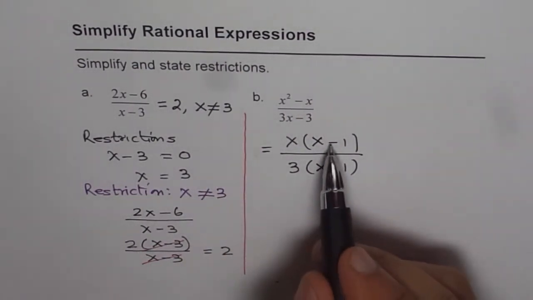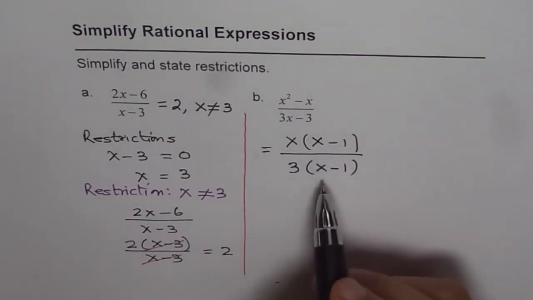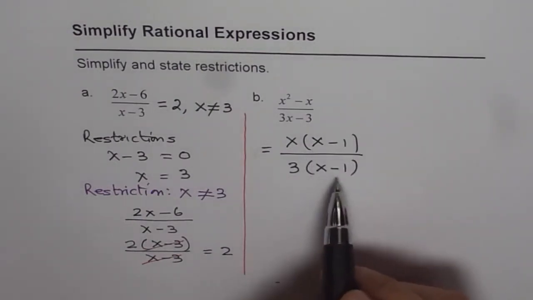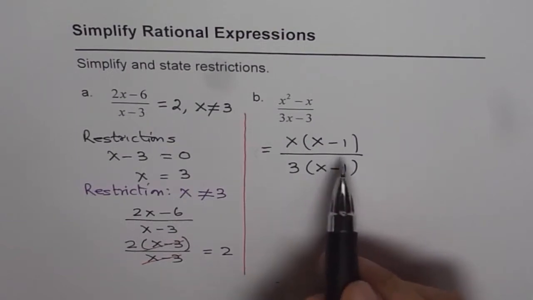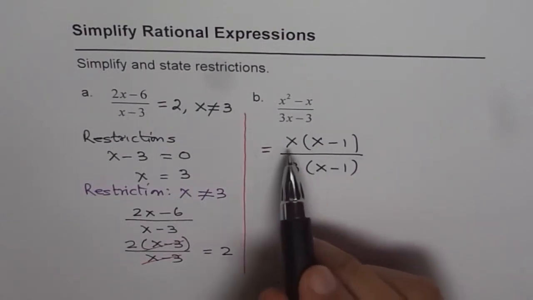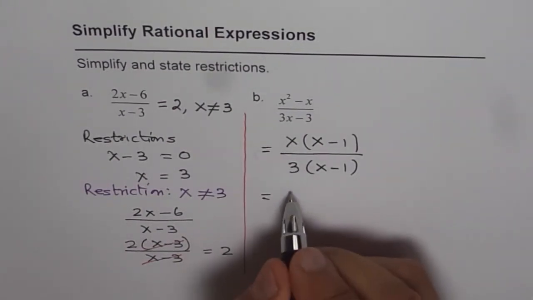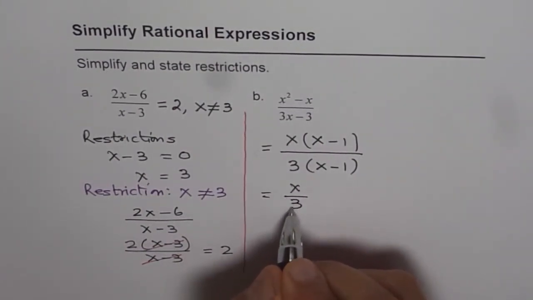And now since we have a common factor in both numerator and denominator, it can be cancelled out. Cancelled out really means that if I divide x minus 1 by x minus 1, I get 1, and 1 times anything is that thing, right? So we can write that thing, which is x over 3, right?